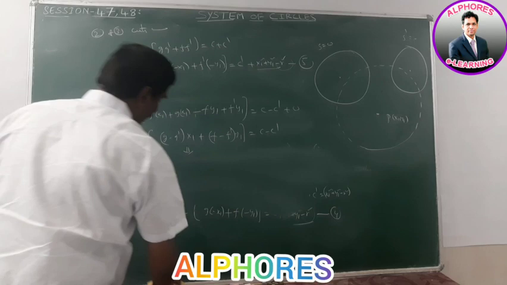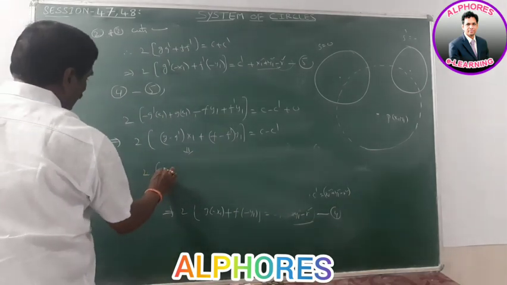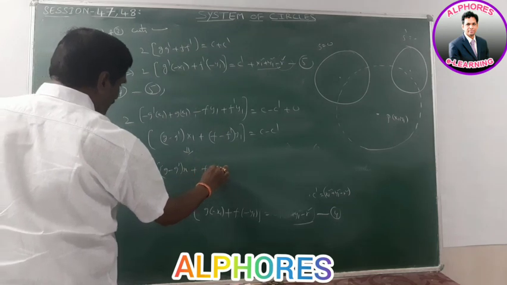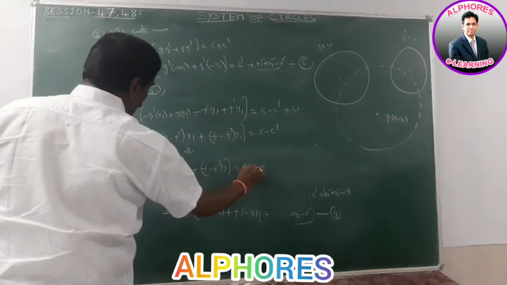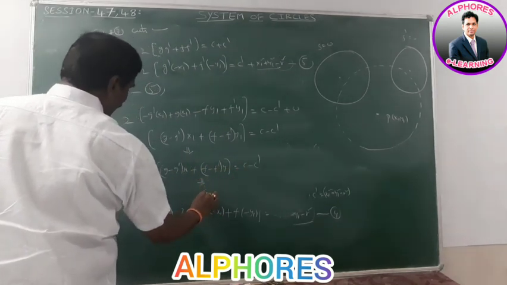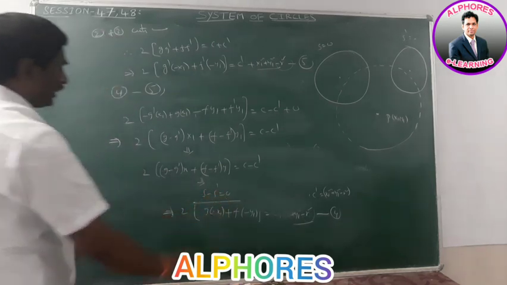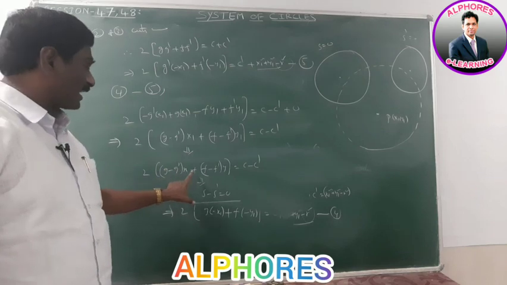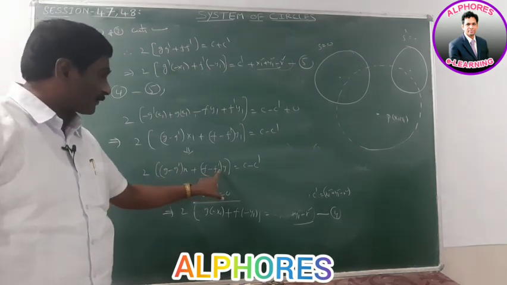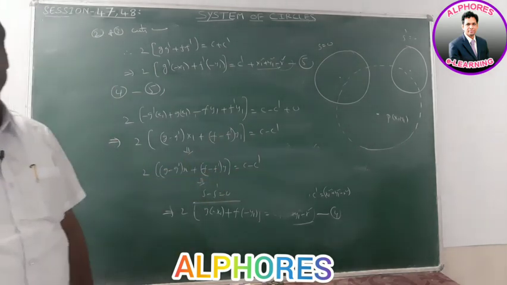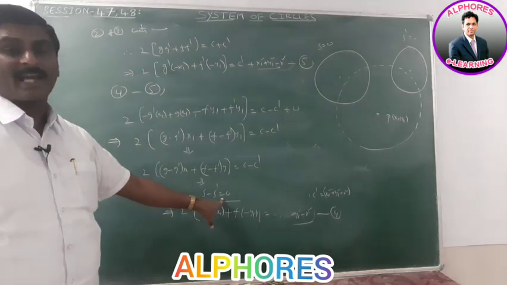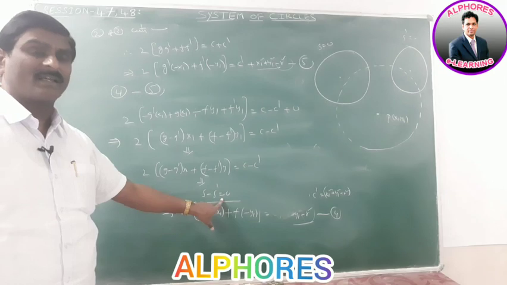Therefore, the required locus is 2(g − g')x + 2(f − f')y = c − c'. It is nothing but S − S' = 0.